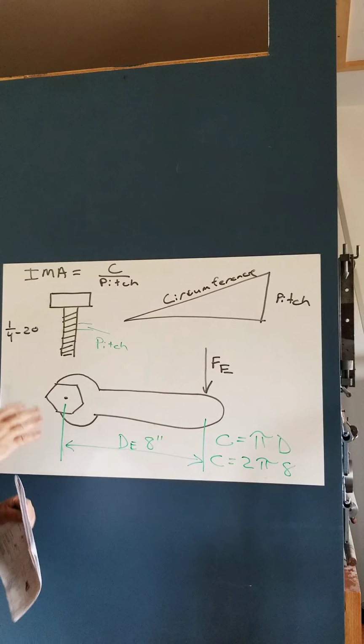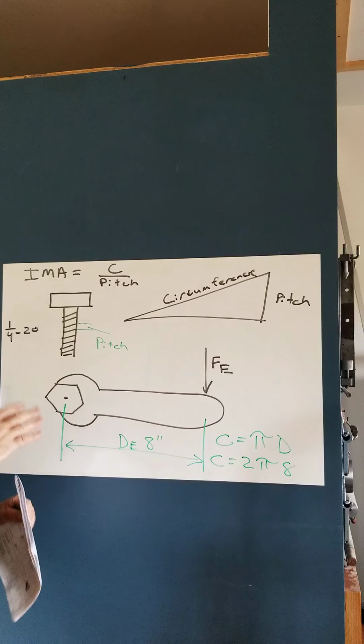The 1/4-20 bolt refers to quarter, which is the nominal size of the bolt. 20 refers to threads per inch in the imperial system. In the metric system, when they identify a bolt, say 3 by 0.175, that 0.175 is the pitch.